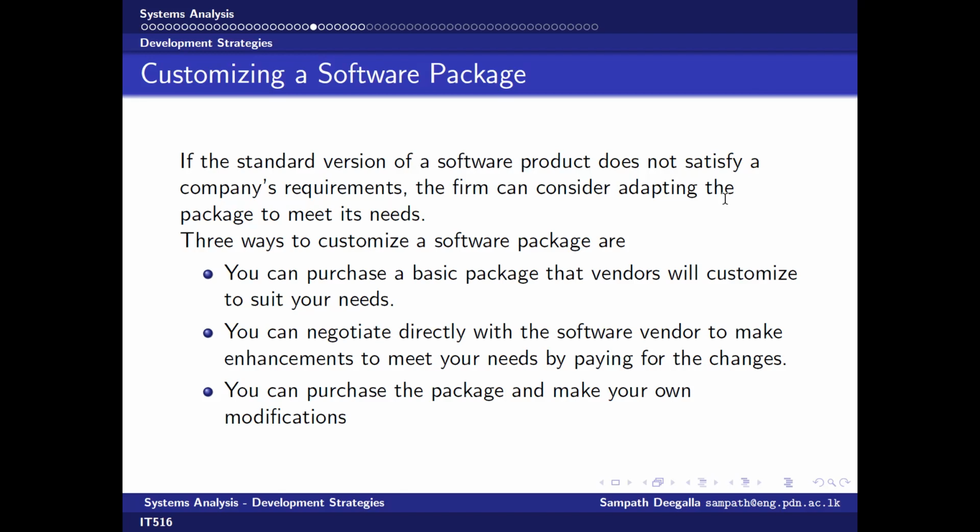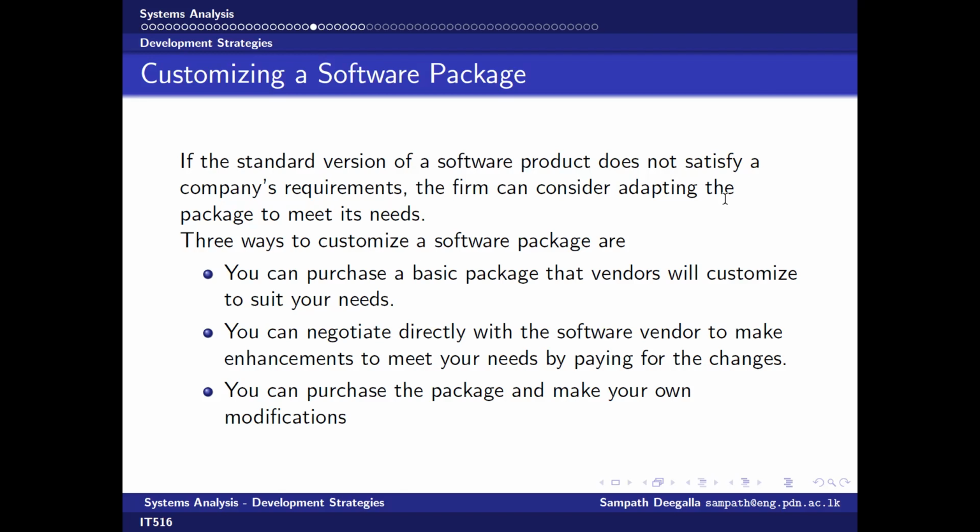To customize the software package, if you're purchasing software, you purchase the basic package and then you use the vendor to customize it, right? Second one, you can negotiate with the software vendor to make enhancements to meet your needs by paying charges. So that is also possible.